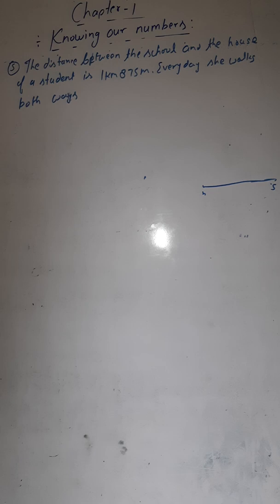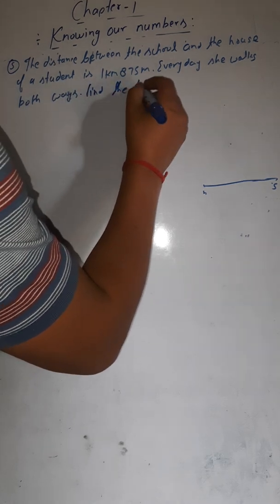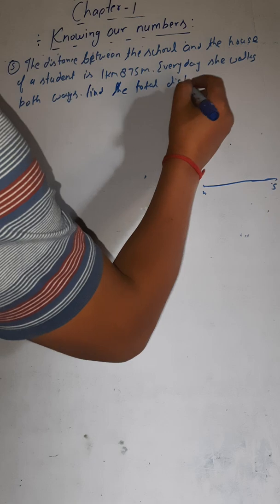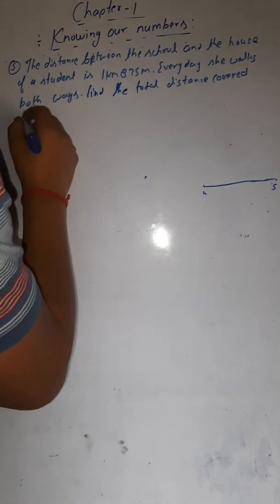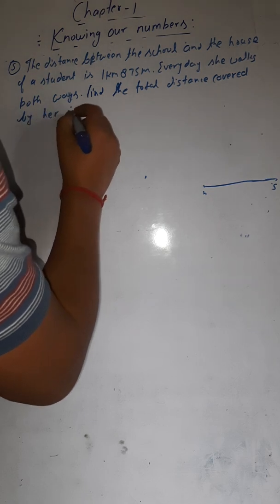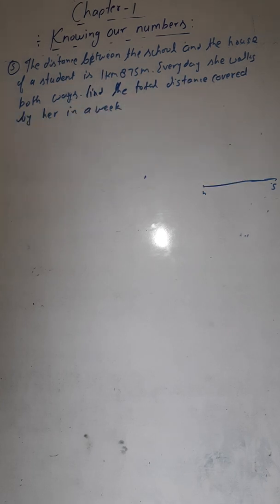Okay, now what is asked? Both ways between her school and house, find the total distance covered by her in a week. Means in a week how much distance will be covered.